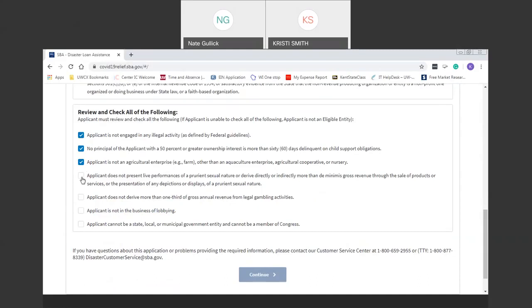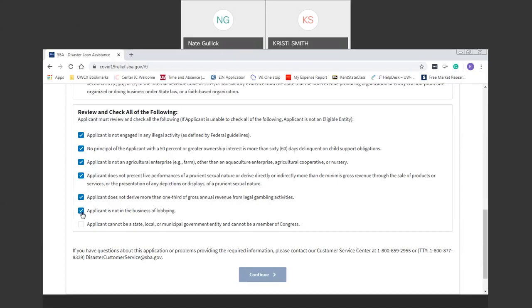Make sure the type of business that you have doesn't involve sexual nature or other things that are restricted here. So go ahead and choose that item. That you're not receiving more than 1/3 of your revenue from legal gambling activities. You'll check that. You're not a lobbyist.